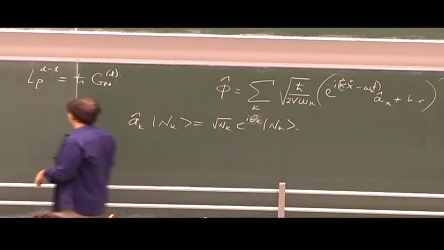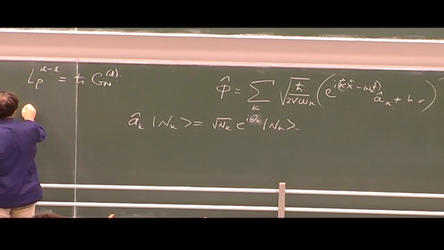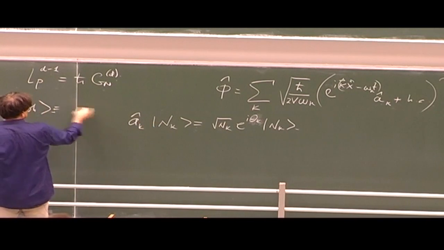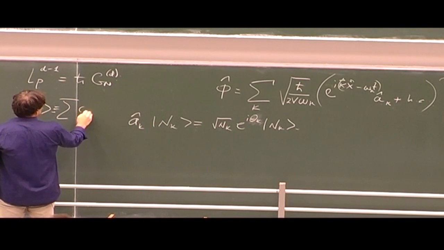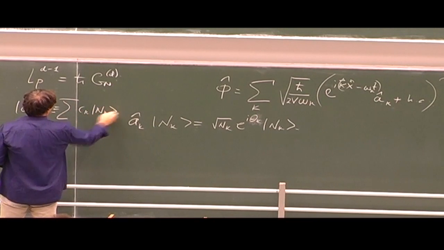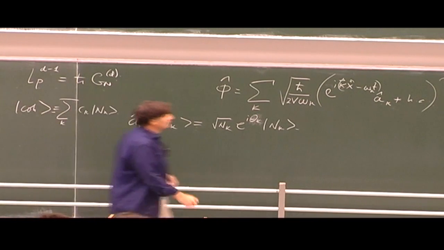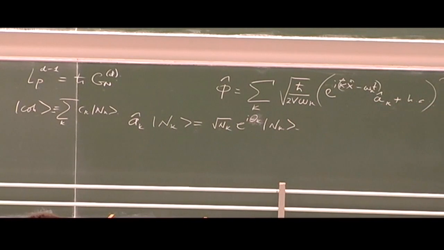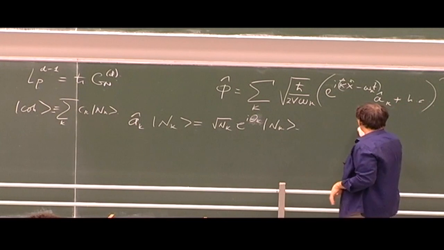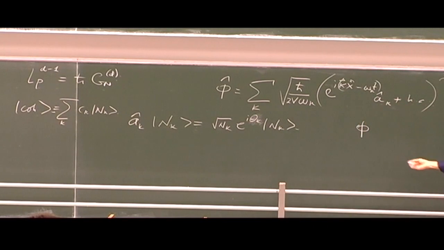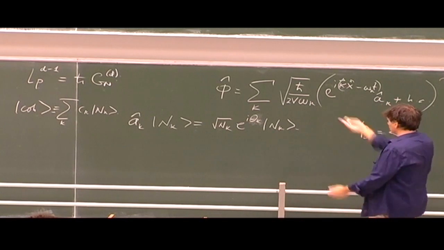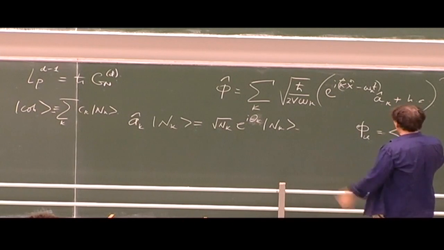So take a coherent state, some distribution of coherent states in each momentum. If I take the expectation value of the quantum field over that, I get what I normally call a classical field. The classical field is the expectation value of the quantum field in this particular coherent state.